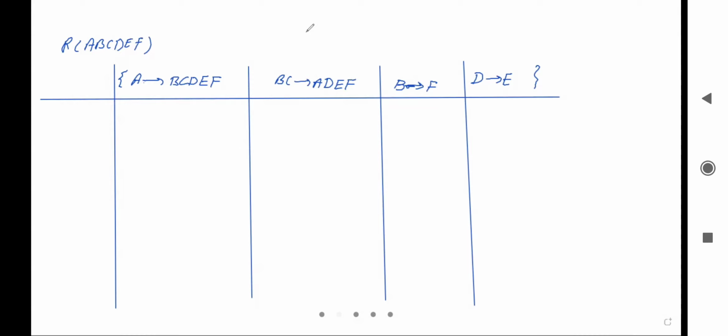Okay, candidate keys are given, that is A and BC. These are two candidate keys.